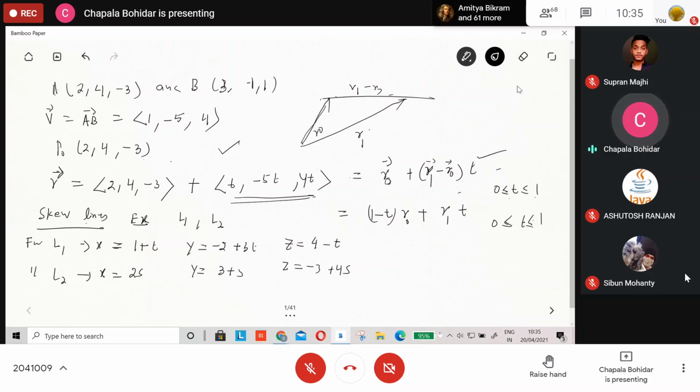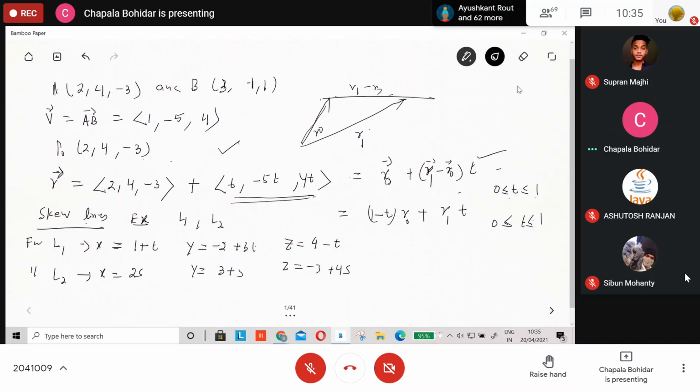Two lines are given in space. So are they parallel or not? How do we know? By considering the coefficients, that is, the components of the vector. If they are parallel, then we say parallel.